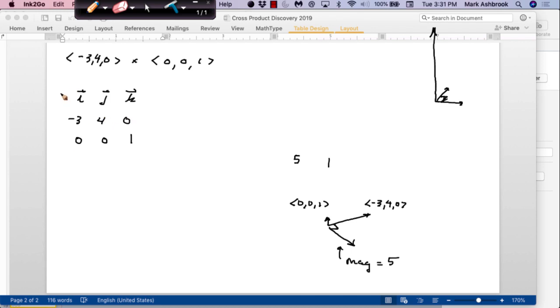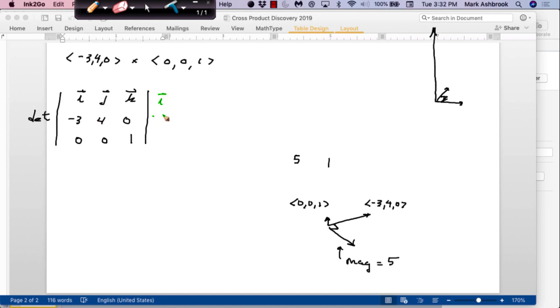And what you're going to do is we're going to find the determinant of that matrix. Anyway, there's multiple ways to find the determinant. And so any way that you want to find the determinant will get you the right answer, okay? So the way that I suggest is we're going to write down the first two columns again over here to the right.